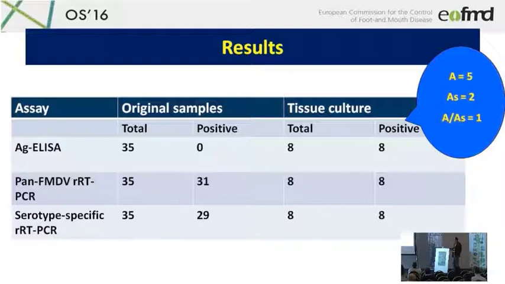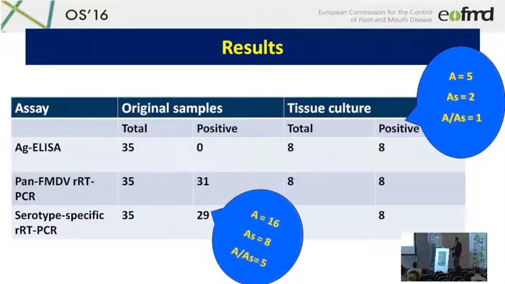Out of 35 samples, 31 were positive in pan-FMDV 3D assays, and 29 samples were positive for serotype-specific real-time RT-PCR assays, which included 16 serotype A viruses, 8 Asia1 viruses, and 5 samples showing infection of serotype A and Asia1.